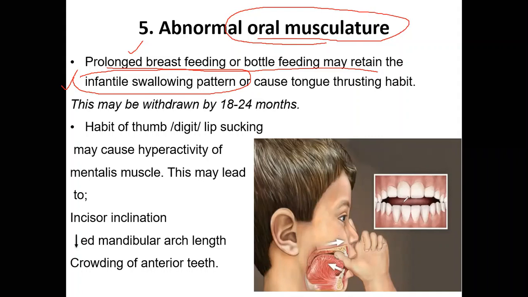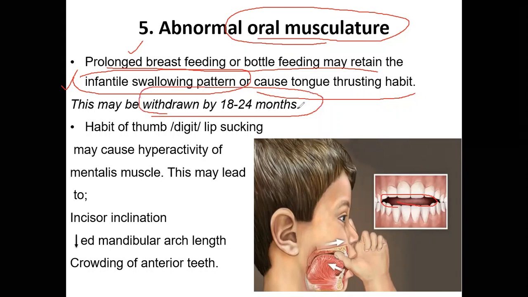And if the child has this habit of tongue thrusting, throwing the tongue forward all the time, this abnormal habit again will cause abnormal musculature. So as I told you before, the bottle feeding or breastfeeding habit of the child should be stopped at the age of 18 to 24 months.